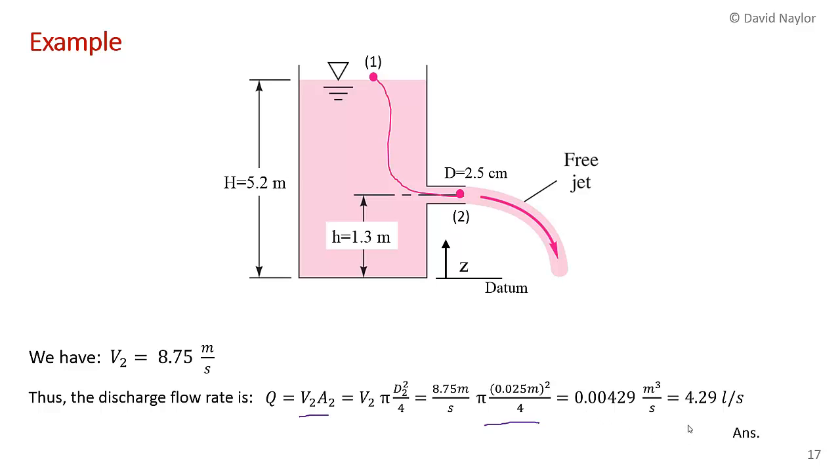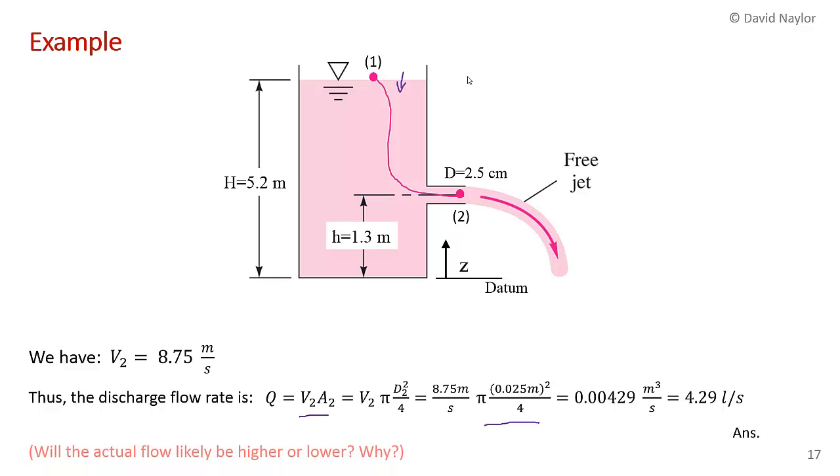And then I've used the fact that there's 1,000 liters in a cubic meter to convert that to 4.29 liters per second. So that's a fairly low discharge rate. For a large tank, it's reasonable that the surface level here would fall slowly. If you were given the diameter of the tank, you could correct for that effect, but you're not in this case.